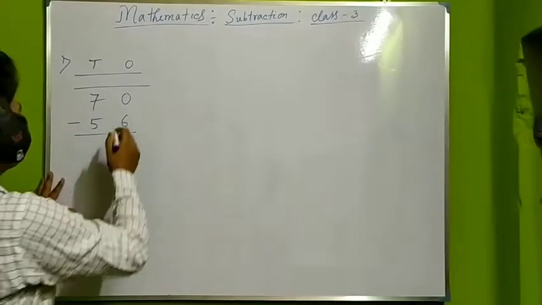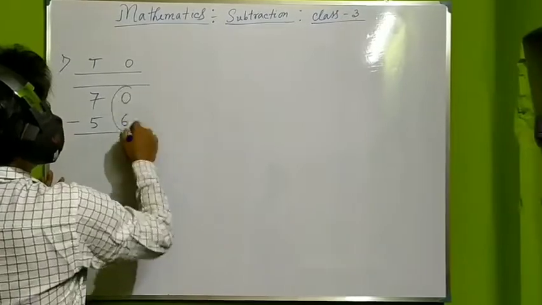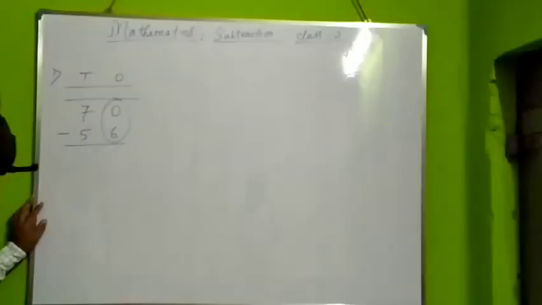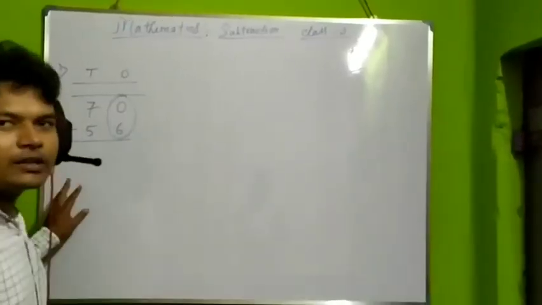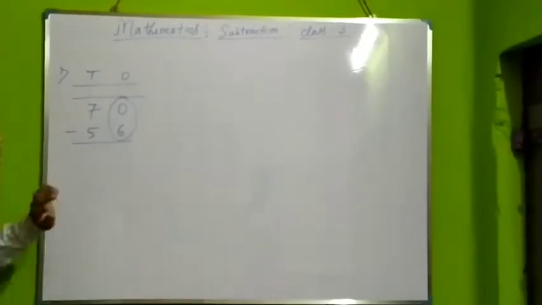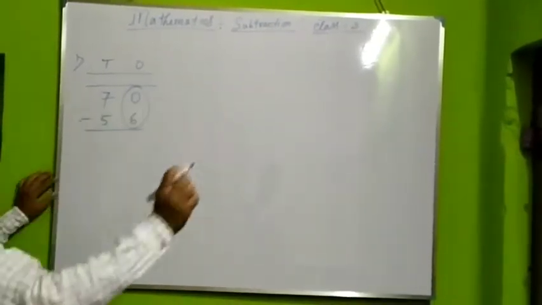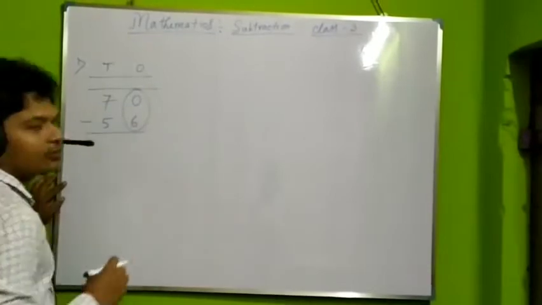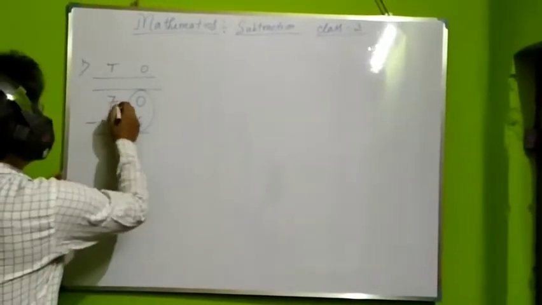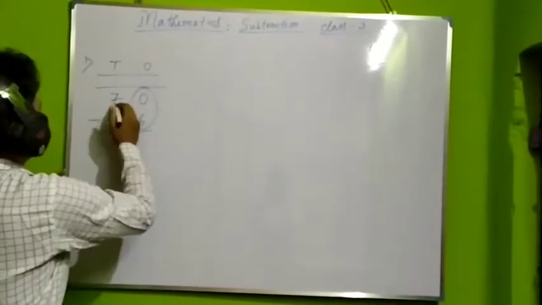Now you can check at the ones place, 6. Now we can see that 6 is bigger than 0. So how do we subtract 6 from 0? Then we have to borrow 1 from the tens place.